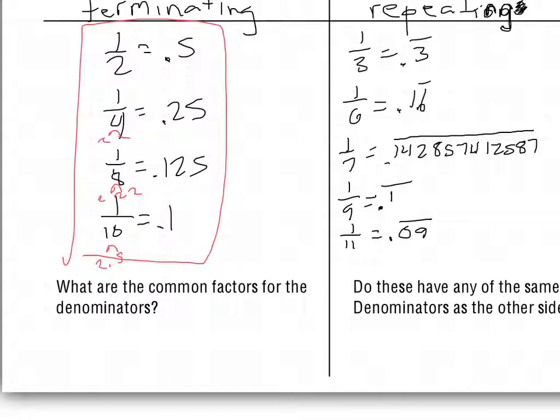So we should be able to recognize here amongst all of these, oops, somehow I missed 1/5 in here. 1/5 is equal to 0.2. We see that there are only 2 factors that are represented here. Only 2 factors. The 2 factors are 2 and 5. And if we come over and look at the other side, none of these numbers have factors of 2 and 5.